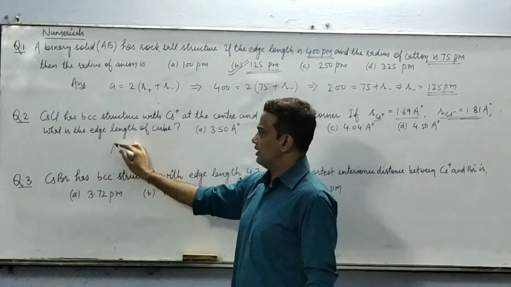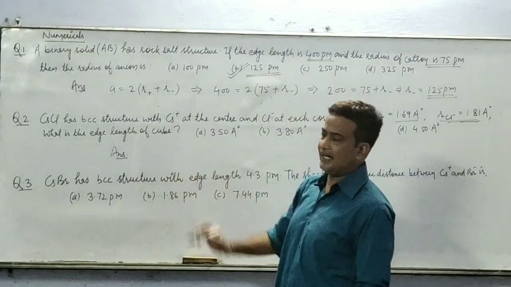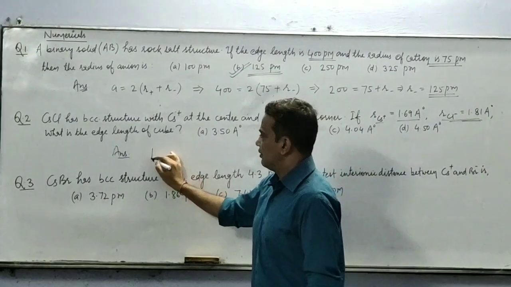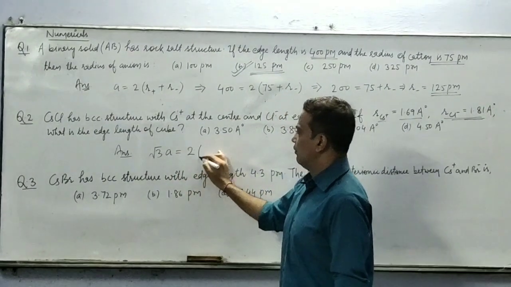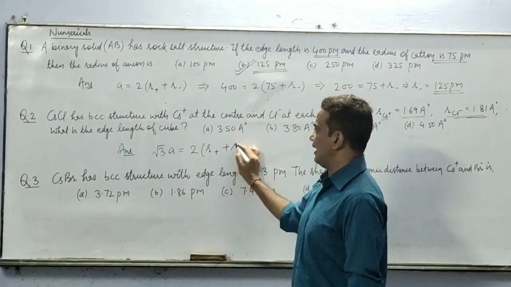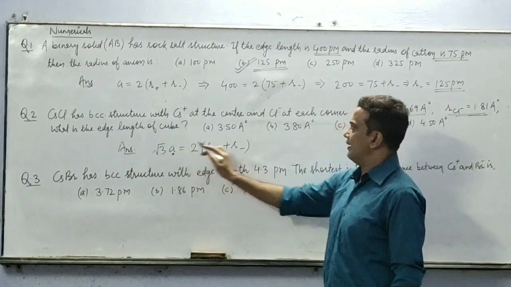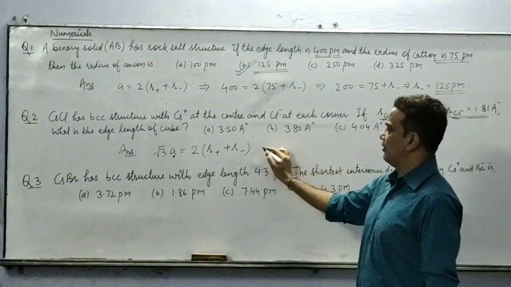Again, you must know the relationship between the edge length and the radius of cation and anion. For CsCl like structure, we know that root 3 a is equal to 2 into r positive plus r negative. Now you have to find out a, and the radius of cation and anion are given to you.